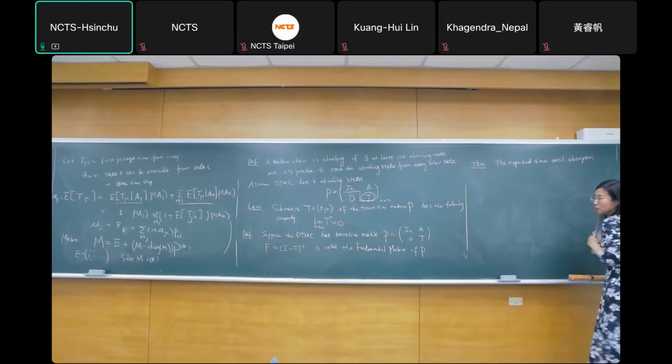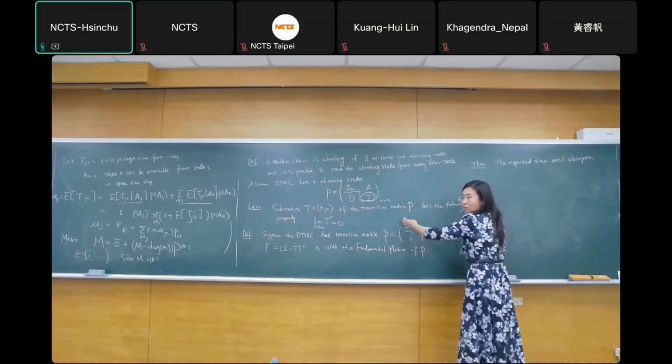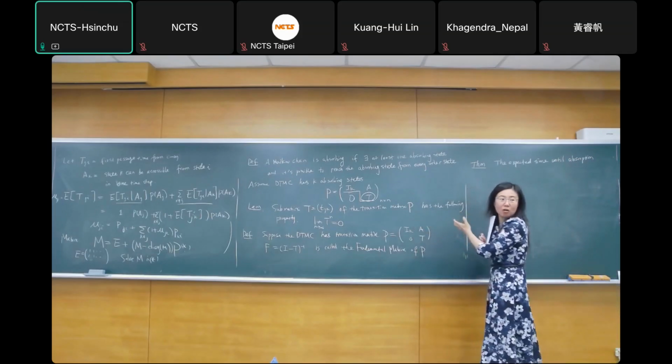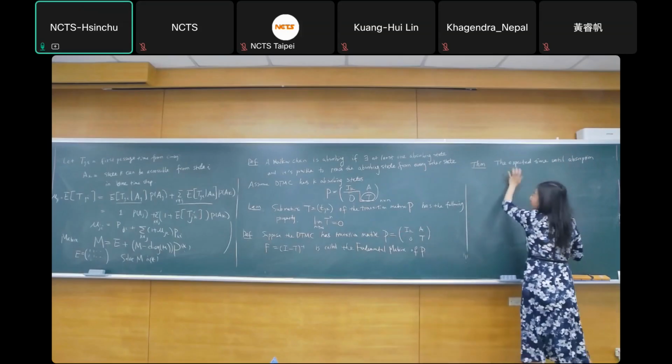Eventually, the process will be absorbed into one of the absorbing states. Now, how soon, how fast is that going to happen?